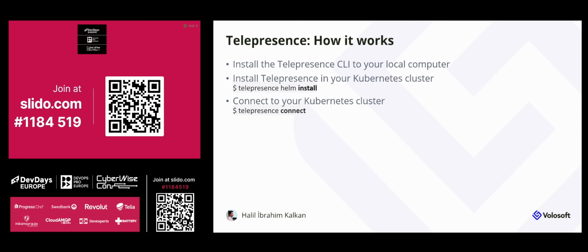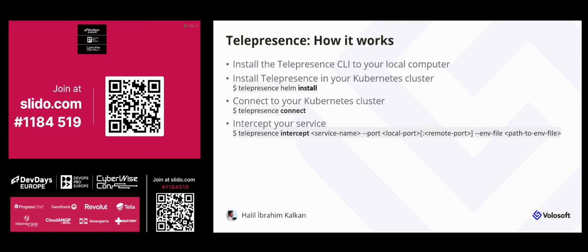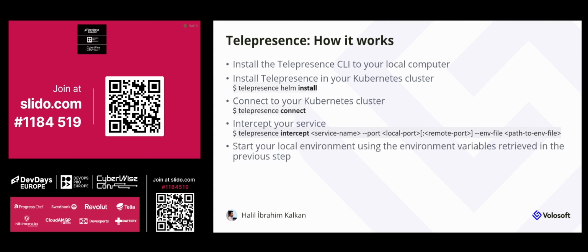When you do that, you will be able to access all the services inside Kubernetes as if they are running on your local computer. Then when you want to redirect API calls to your local computer, you will need to use the intercept command. The intercept command also extracts all the environment variables into a file.